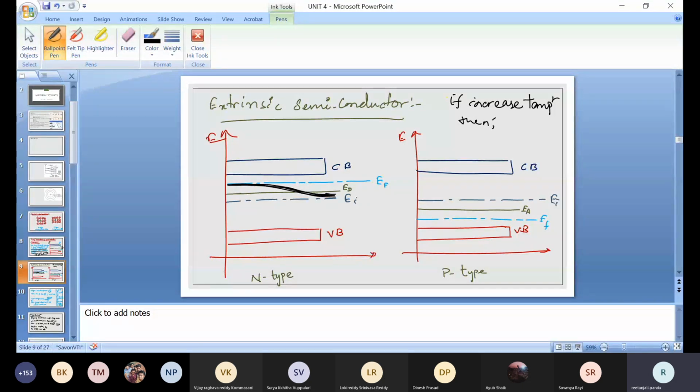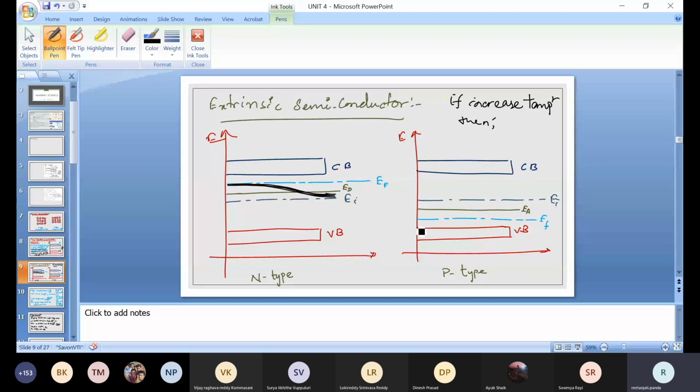So as the number of electrons is increasing, the Fermi energy is going to increase or incline towards the intrinsic energy level. Okay, but it will never go beyond this EI value.